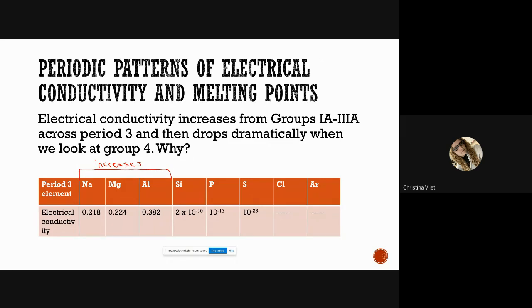Why is that? This is group 1, group 2, and group 13. They're all metals. More what? More stable electrons is what you're looking for.